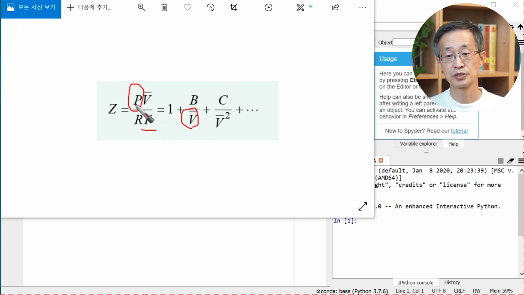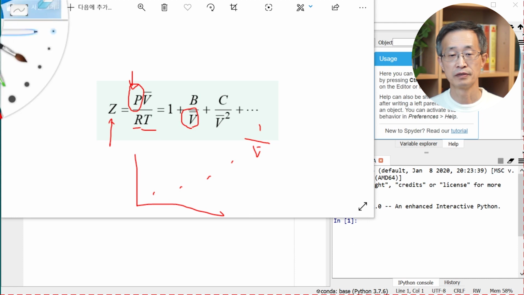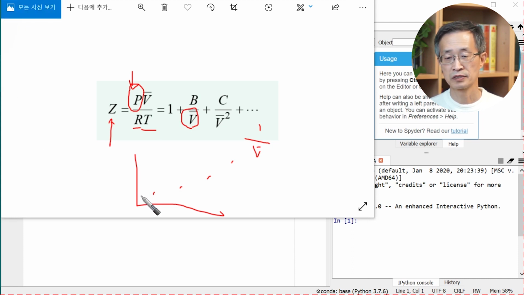So temperature, pressure, molar volume, and R is the gas constant, and this number is given for each pressure point. Then you plot the compressibility factor as a function of 1 over V-bar, for example such a plot, and make a fit of it. The best fit will yield B and C, so from the best fit you figure out the virial coefficients.